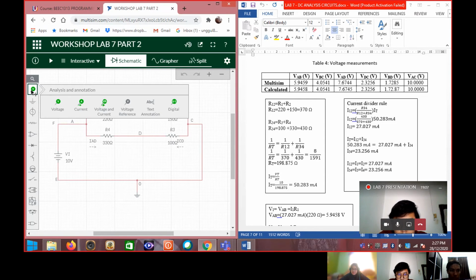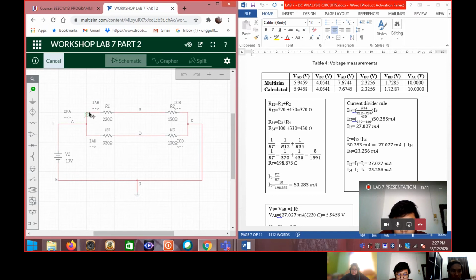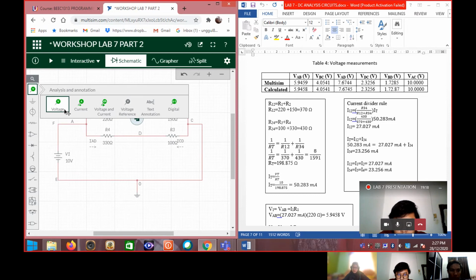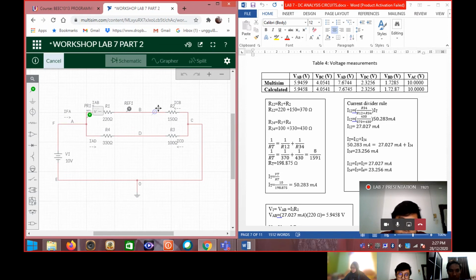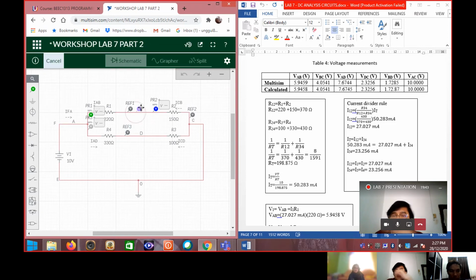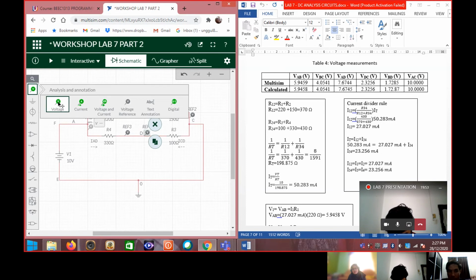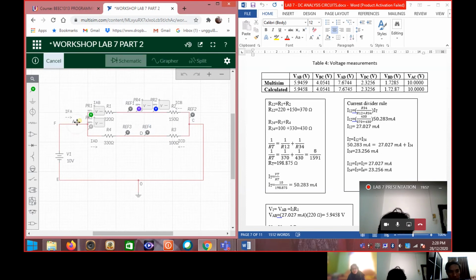So we have to place the probe here for AB, for BC here, AD is here, BD we must put like this, and AC like this.